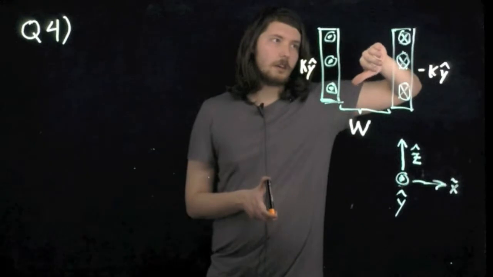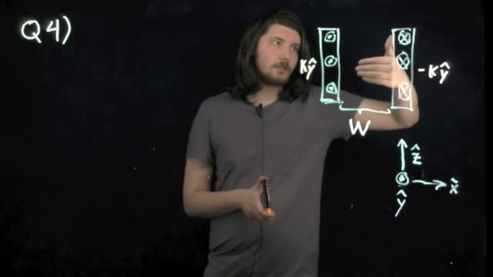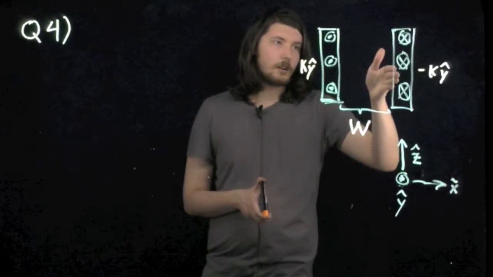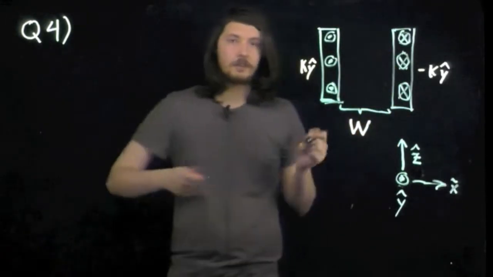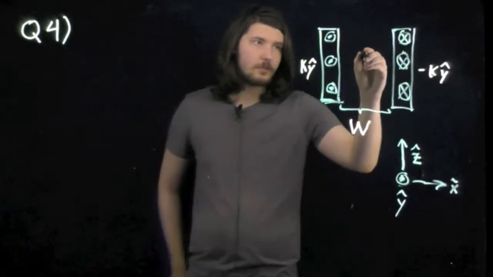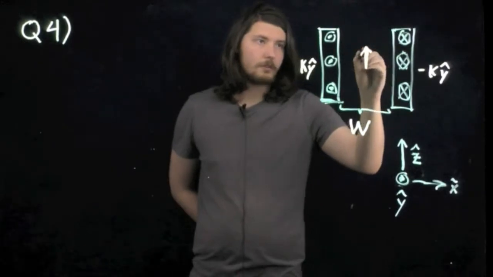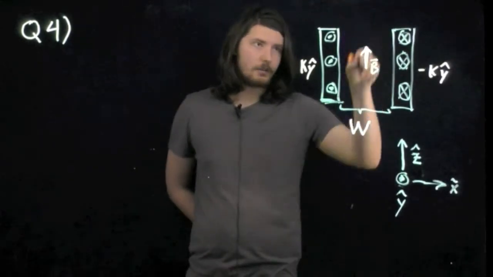Similarly, this current is going into the page right here, so the contribution is also in the positive z hat direction. Summing the contributions, you get a B field in the positive z hat direction.